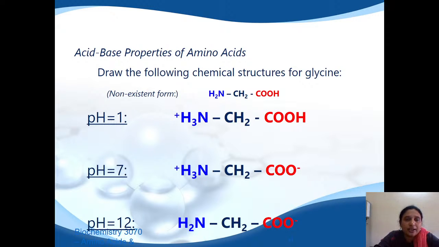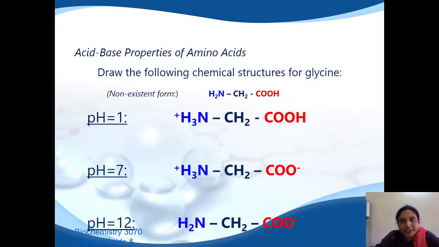Now, what we have to understand is that these amino acids, due to the presence of ionizable groups, may behave as acid, base and zwitterion, and they may have buffering activity.